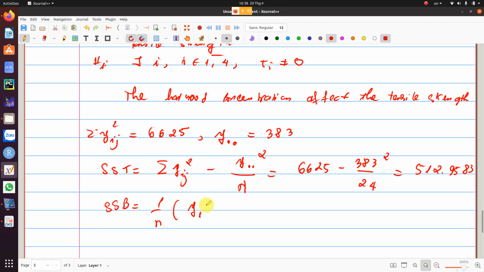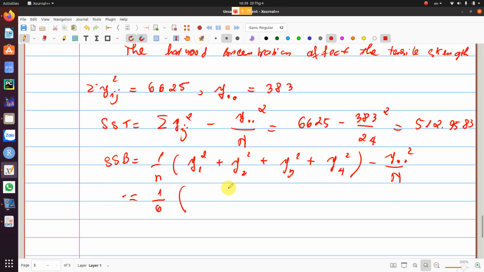So the sum of y1 squared, the sum of y2 squared, the sum of y3 squared, and the sum of y4 squared, minus the total sum squared over N. So in this case we have 1 over 6 times 60 squared plus 94 squared plus 102 squared plus 127 squared.